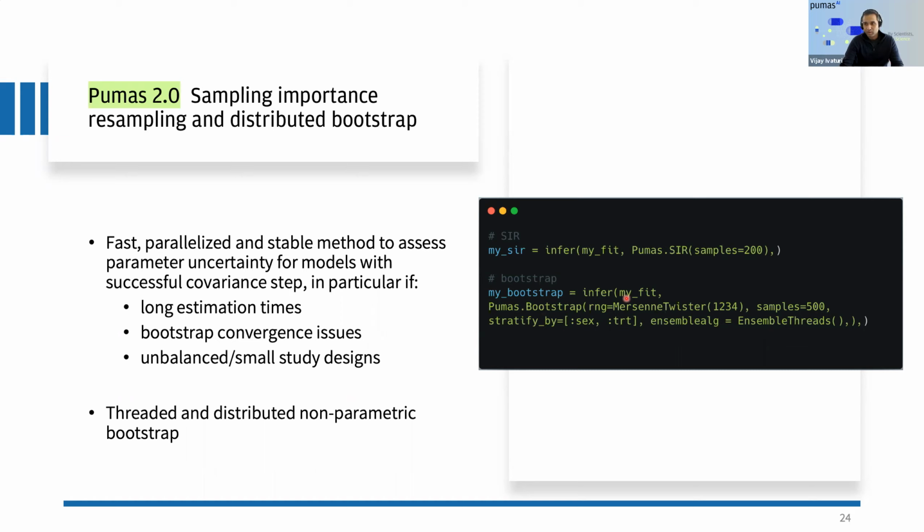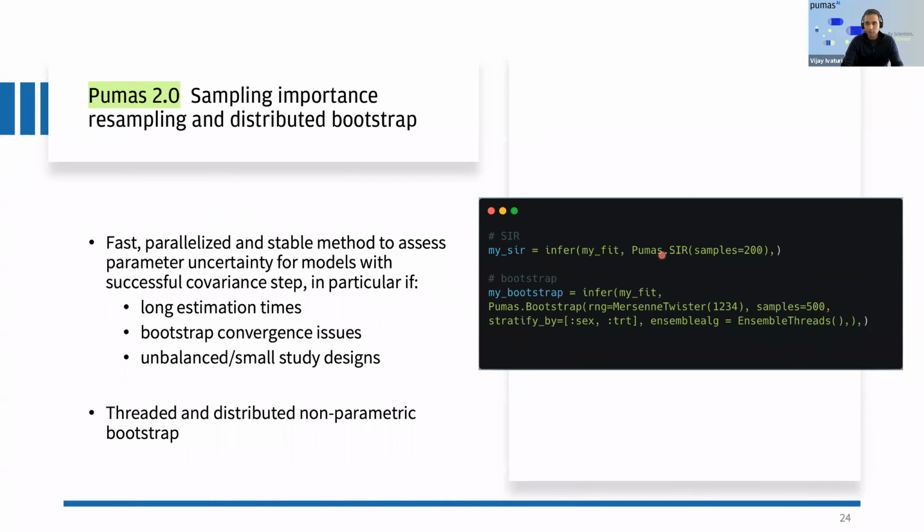But sometimes, for models that take a lot of runtime for your variance-covariance matrix, you may just want to get your first variance-covariance matrix and then use that as a proposal distribution for your sampling importance resampling. And this is just fast, and we know that even from other tools. So this is being introduced in 2.0.